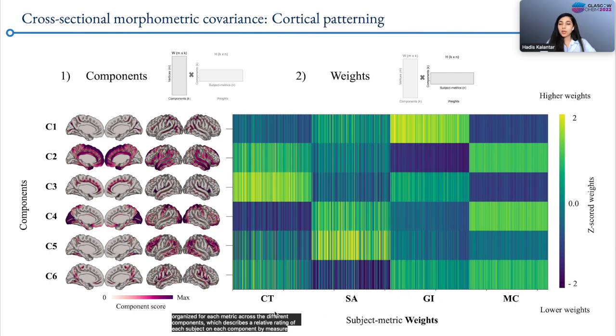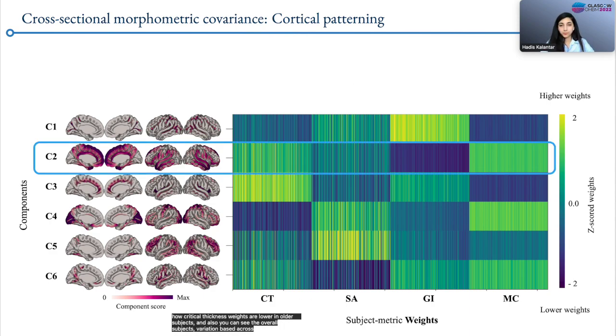So here you see the variation in subject weights, which are organized in an age-ascending manner per metric. For example, you can see how cortical thickness weights are lower in older subjects, and also you can see the overall subject variation in weights across metrics.